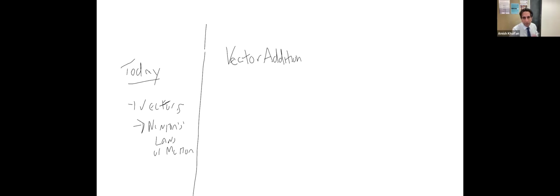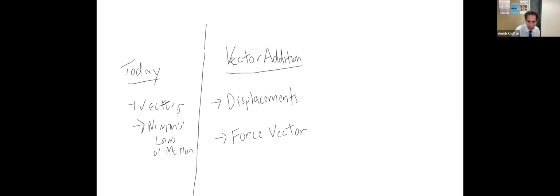Okay, so we can add displacement vectors. But there are other vectors that we can do the same kind of analysis with. So we can have force vectors, as well as velocity vectors.